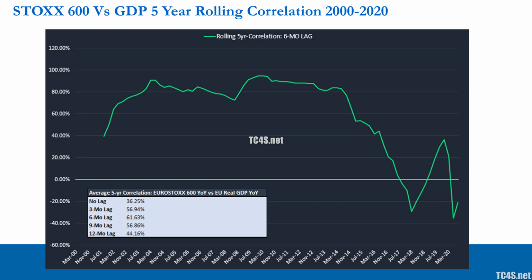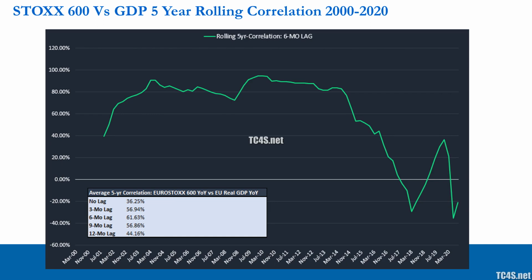Let's have a look at the Euro Stoxx 600 versus Eurozone GDP. Because the data set is smaller, we're looking here at a 5-year rolling correlation. So we're looking at this from 2000 to 2020. And we can see again that the 6-month lag gives us a pretty high number. And around that, the 3-month and the 9-month gives us a moderate correlation as well.